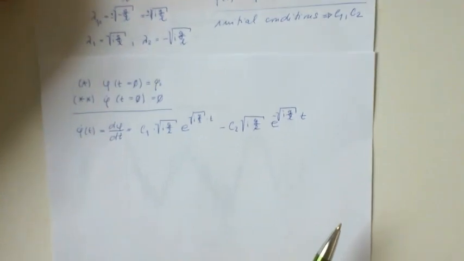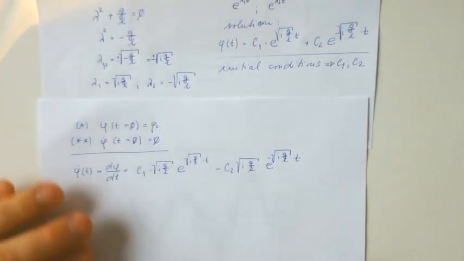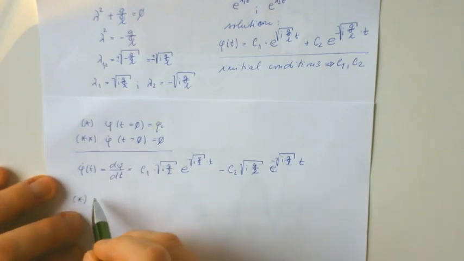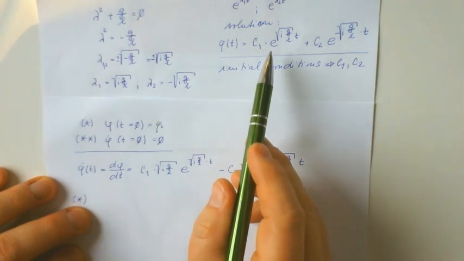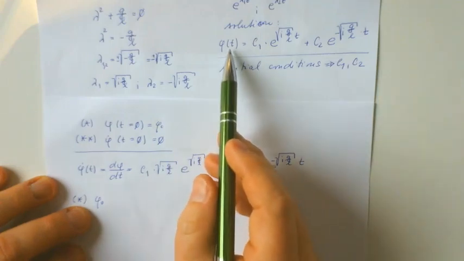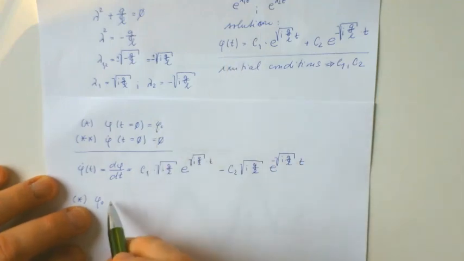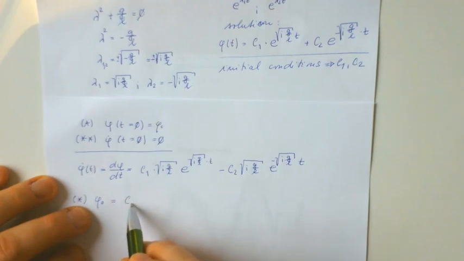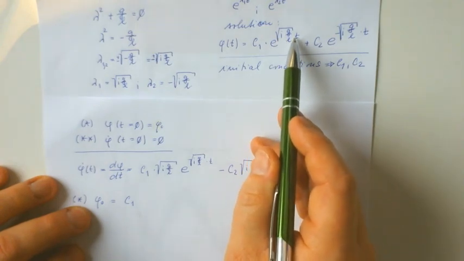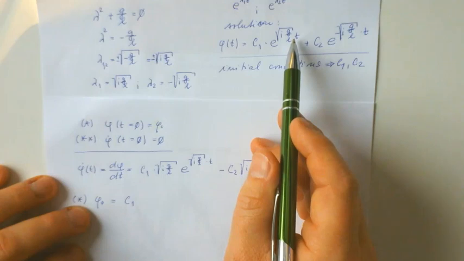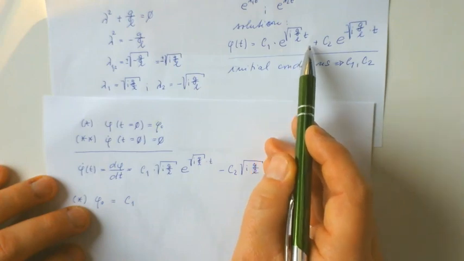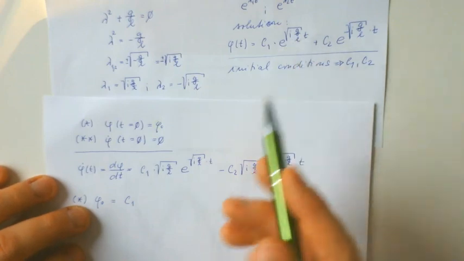Okay, so this is the second equation, the first derivative of this function. And now we will apply these initial conditions. So first initial condition we substitute into this equation. So phi 0, because when time is 0 we have solution phi 0, is equal to c1 times e to the power of something times t, and when t is 0, everything times 0 is 0, so this is e to the power of 0, and everything to the power of 0 is 1.